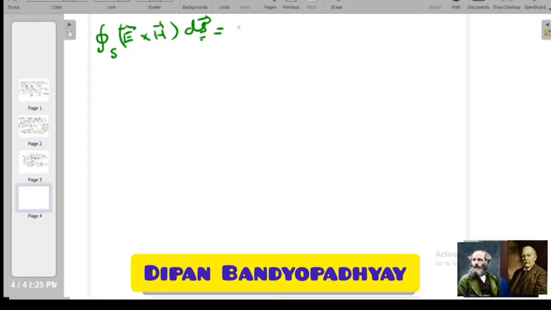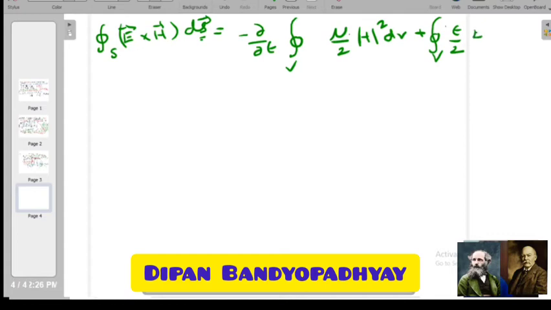So we can write this as minus del t, taking the del t outside of the integral, integrating over the volume, mu by 2 h square, mod h square dv, plus the volume integral of permittivity by 2 mod e square dv.